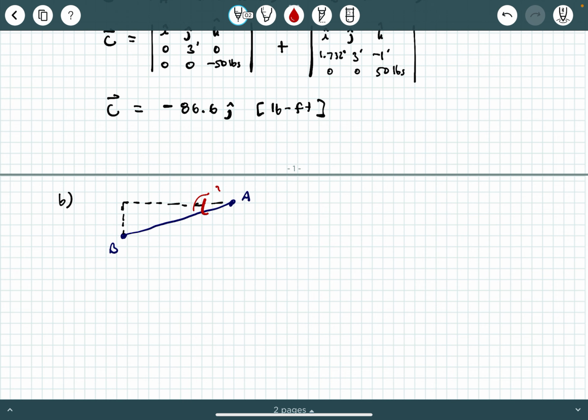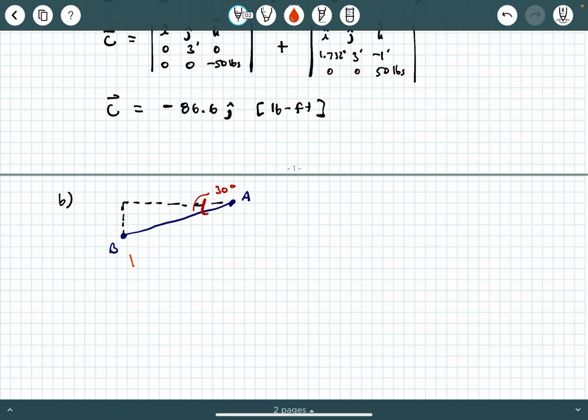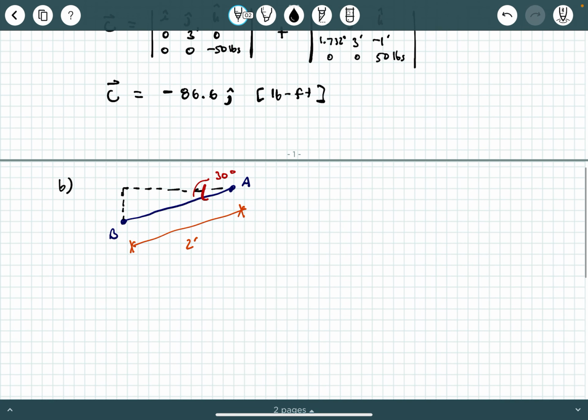I've got this 30-degree angle here, okay? And I have that 2-foot diagonal distance, and then I have those 50 pounds, right? At point A, it's pointing down; at point B, it's pointing up. So there's 50 pounds here, and here's the 50 pounds here.